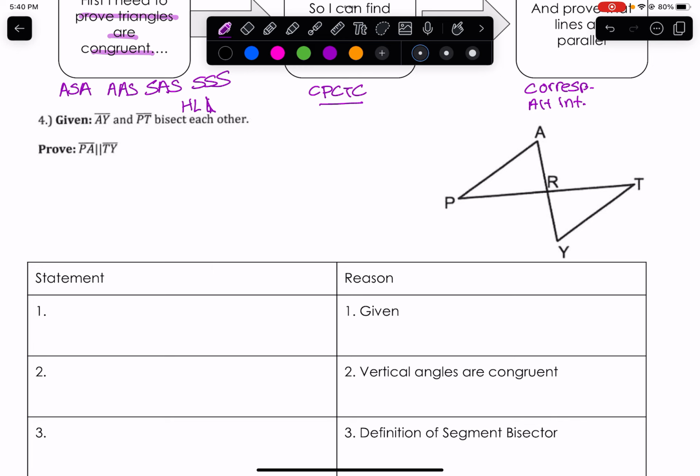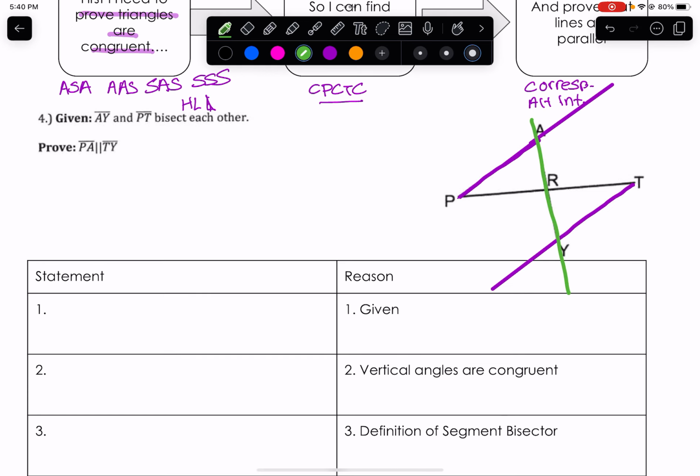So let's look here. So I want to prove that PA, so PA is this line, and TY are parallel. So we're not given that. So we want to prove that. So we have to prove something about the angles are congruent. So I need to show, for example, if I extend this line out, so I have my two parallel lines, and this would be my transversal, right?